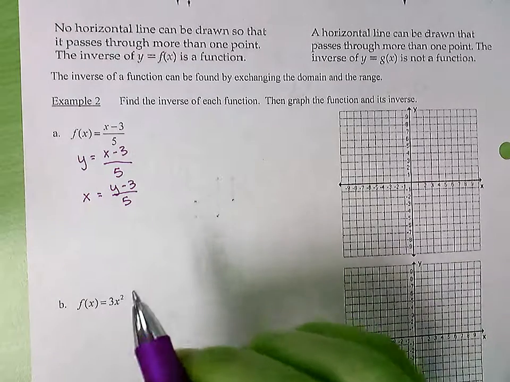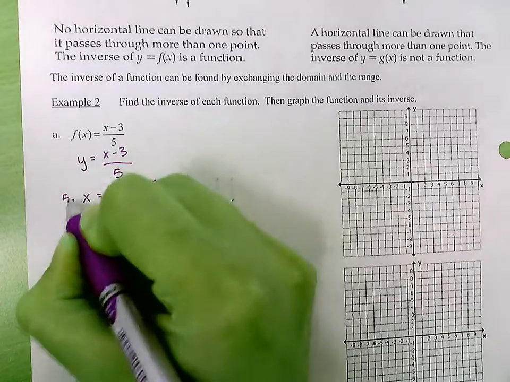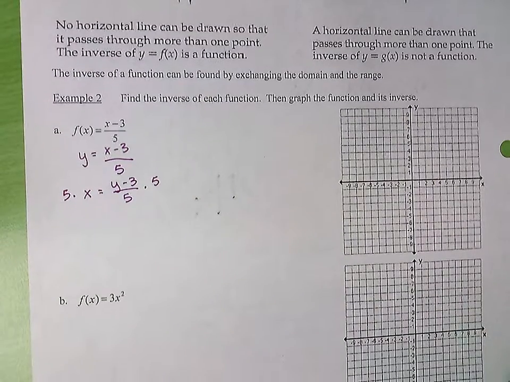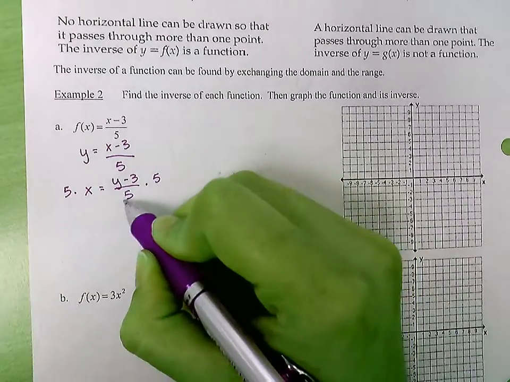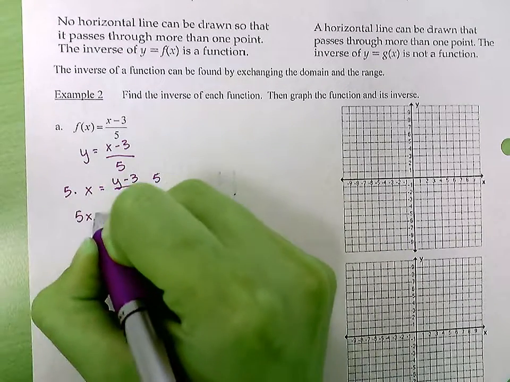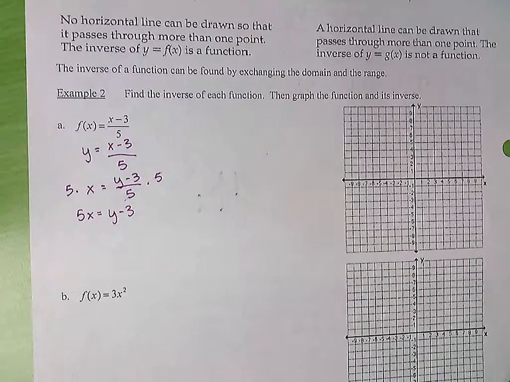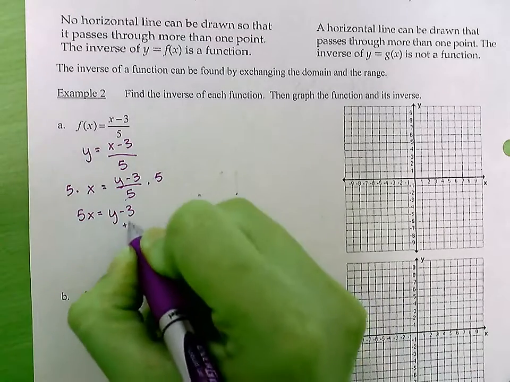So for this one, I'm going to multiply both sides by 5. That way over here they cancel out. So I have 5x is equal to y minus 3. Now I add 3.